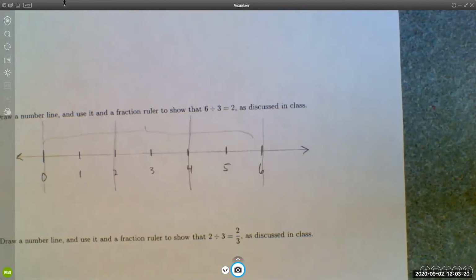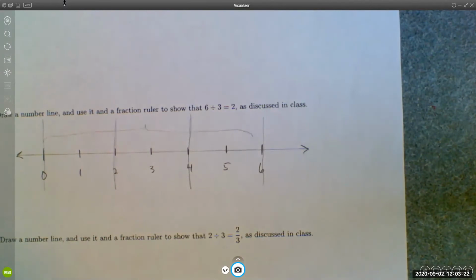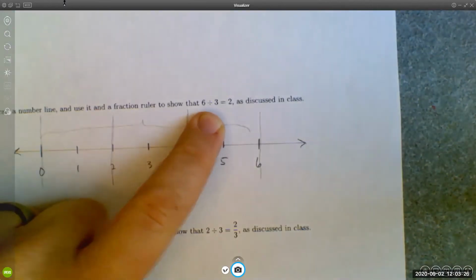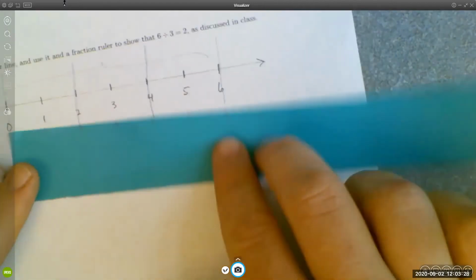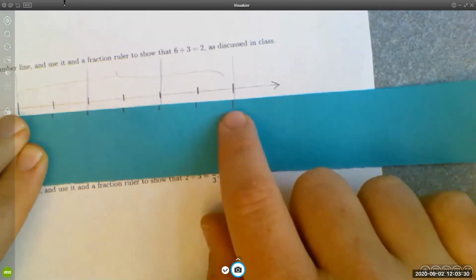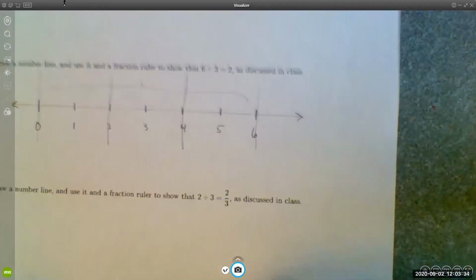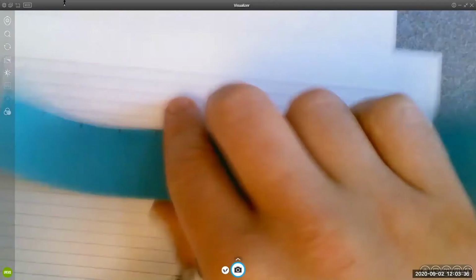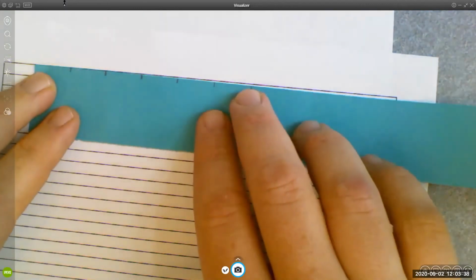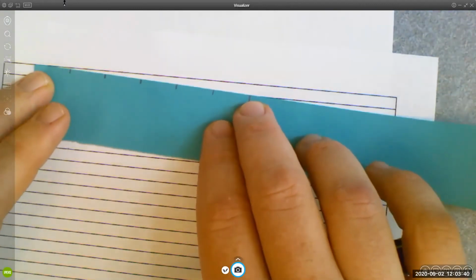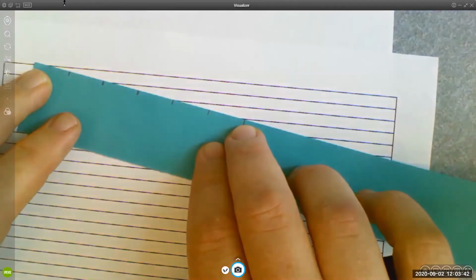But let me just show you that you can do this with the fraction ruler you made. So if you want to do 6 divided by 3, that means that you need to split the space between 0 and 6 into 3 equal parts. To do that, you can take your fraction ruler and drag it down 1, 2, 3 spaces.